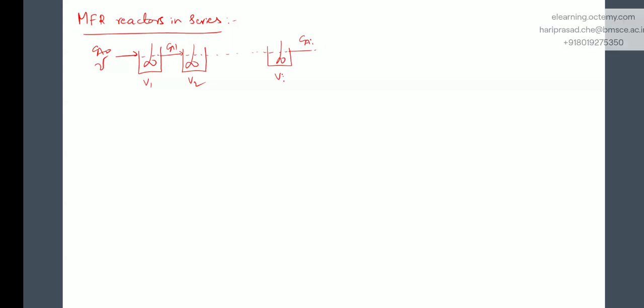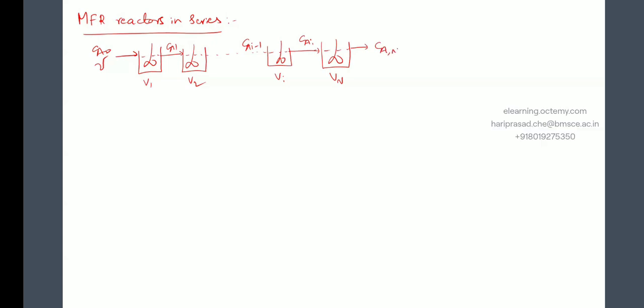Here the inlet is CAi minus 1. And finally, we have the final reactor, that is the nth reactor, and the volume of the nth reactor is Vn and the outlet concentration is CAn. Then the volumetric flow rate is nu and it is maintained constant throughout the reactor.